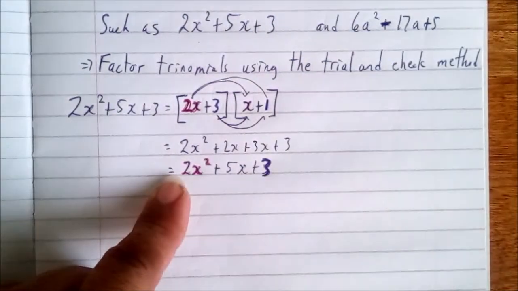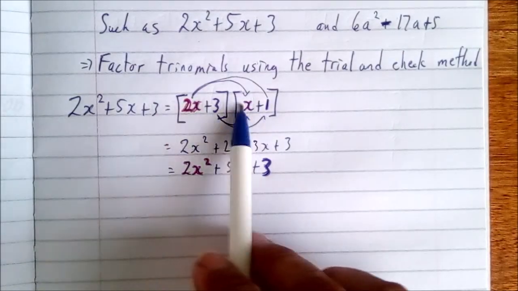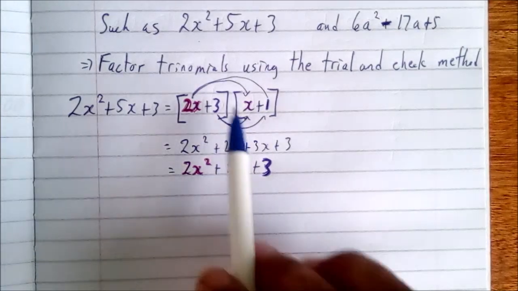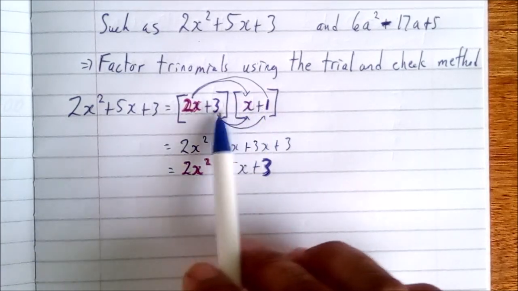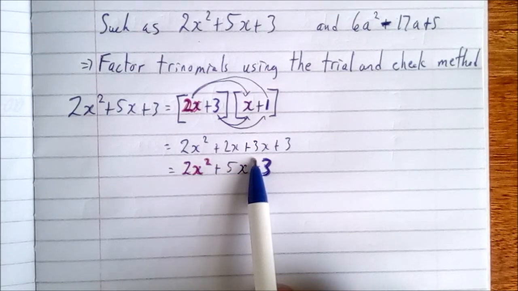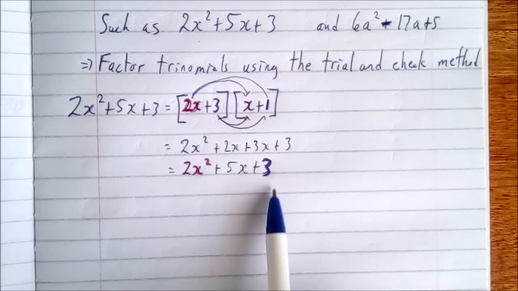So what can we observe here? We can observe that the first two terms being multiplied will give us the first term in the trinomial. The last two terms multiplied will give us the last term in the trinomial. All right, but what about the middle term? Well, if you notice now, the first two terms we said we end up with 2x squared, and the last two terms will give us a 3x.